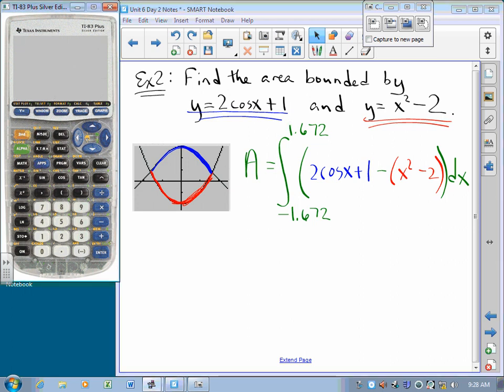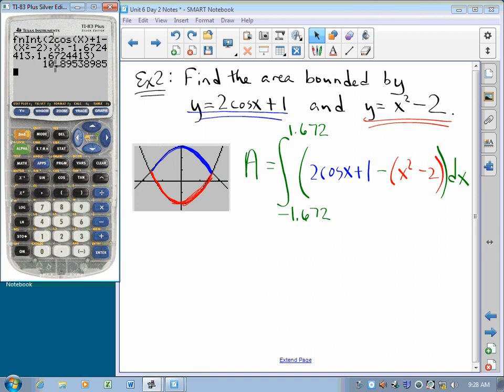And so you are going to say, I want the integral of 2 cosine x plus 1 minus x squared minus 2 dx from negative 1.6724413 to positive 1.6724413. Well, golly. I'll take a picture because it lasts longer.